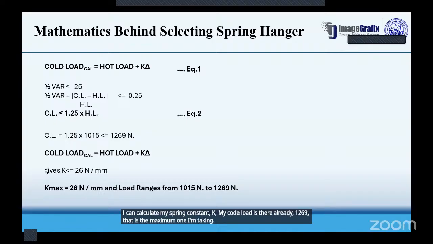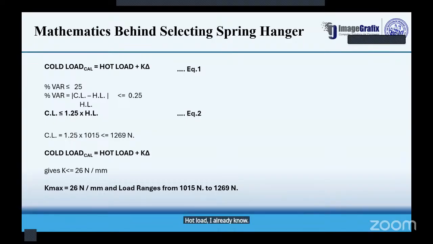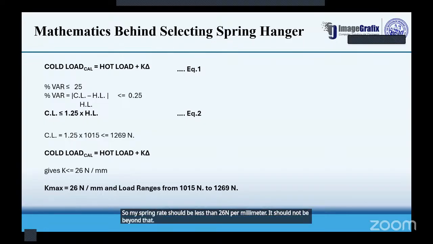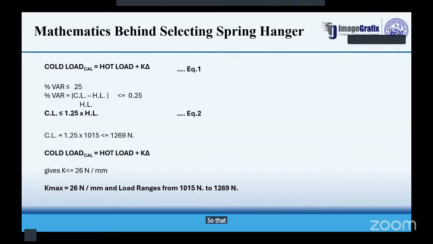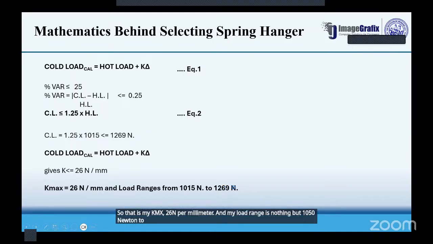Hot load I already know, 1015 Newton. Delta is 9.5 mm. So we can calculate the maximum K, which comes around 26 Newton per millimeter. My spring rate should be less than 26 Newton per millimeter. It should not be beyond that. So that is my K max, 26 Newton per millimeter, and my load range is 1015 Newton to 1269 Newton.